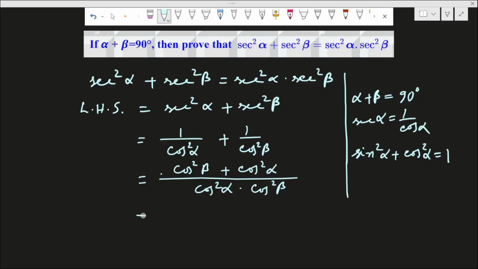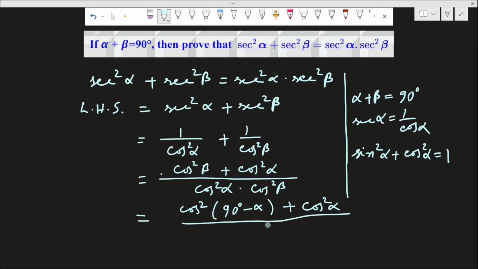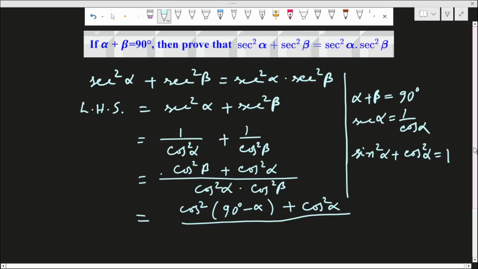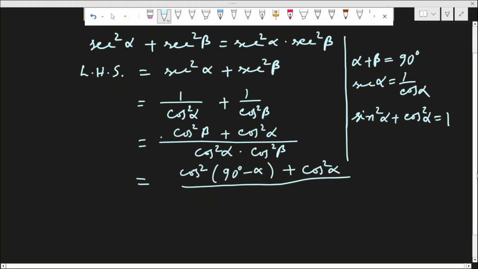So cos square beta is cos square of 90 minus alpha, plus cos square alpha, over cos square alpha cos square beta.